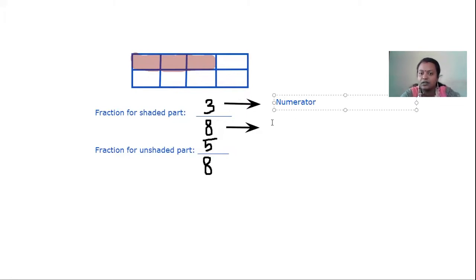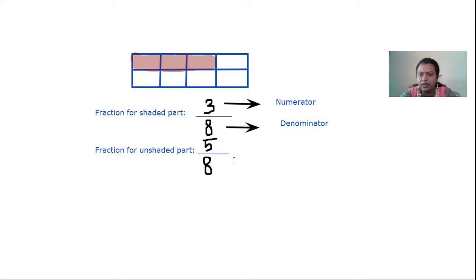Whereas the below part of the fraction is called the denominator, which specifies the total number of parts. So numerator and denominator make up a fraction. Here we can read this as 3/8. In the same way, 5/8 can be read as 5/8.